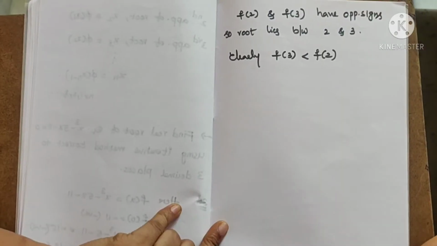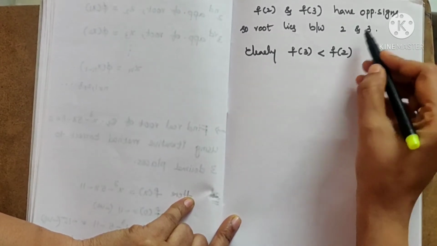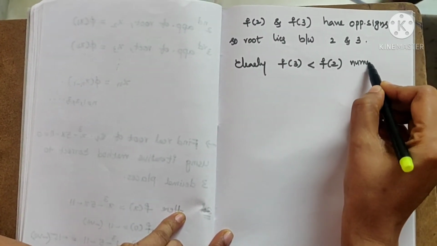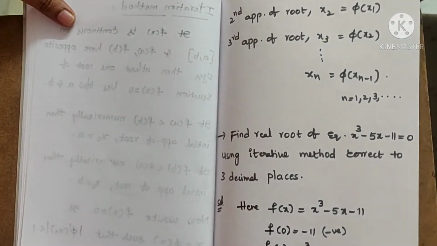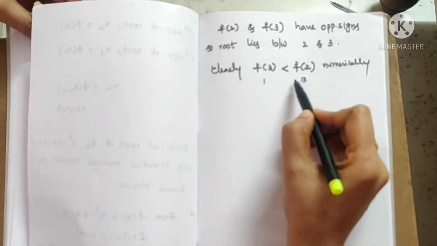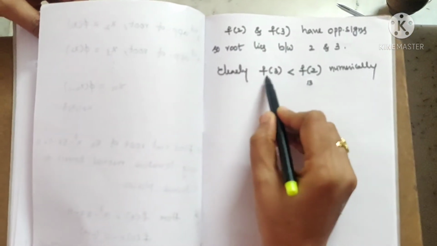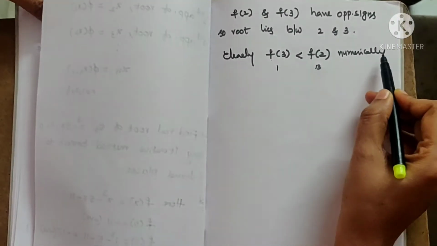The f of 3 value is 1 and f of 2 is 13, and we are neglecting the sign. So f of 3 is less than f of 2 numerically.